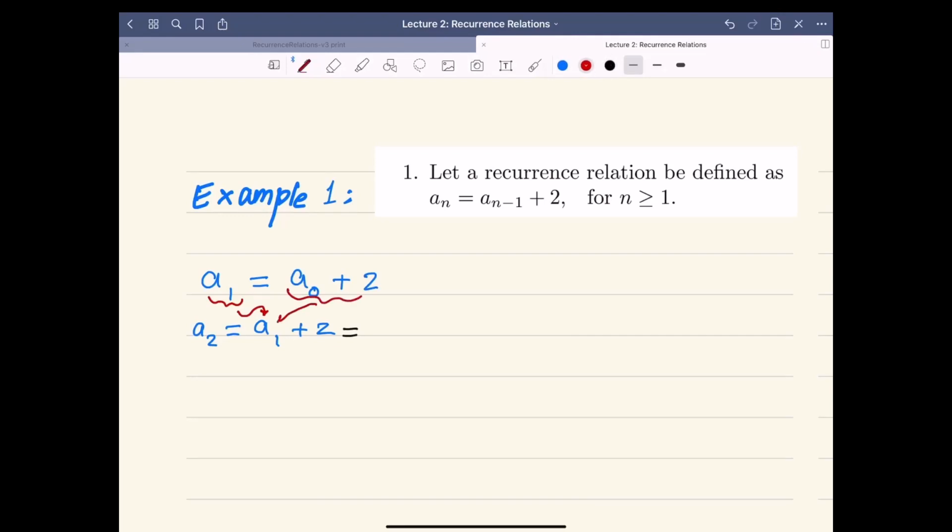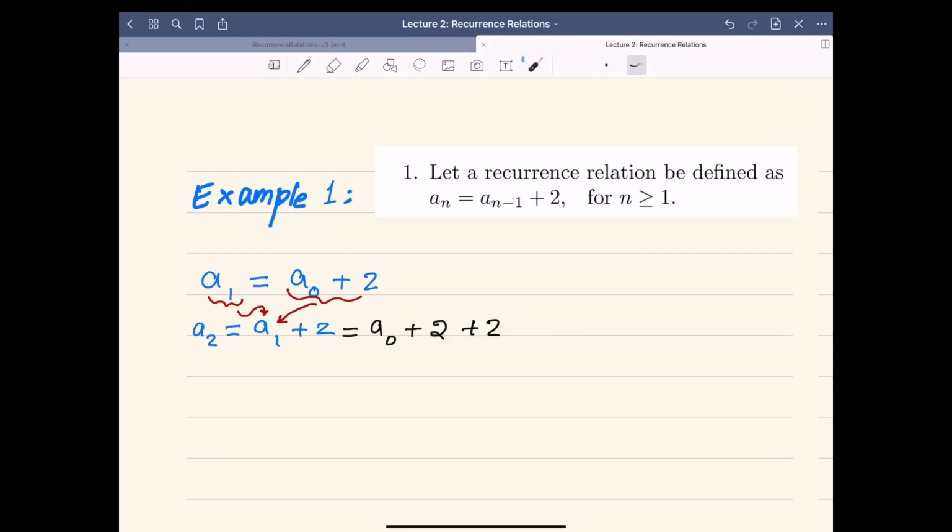This will be equal to A0 plus 2, and don't forget, we already have this 2 from the previous step, and now we have another 2. So we add it here. Don't try to do any further simplification or calculation.